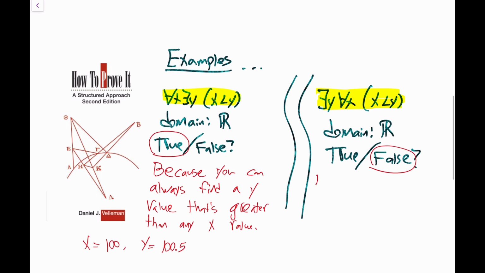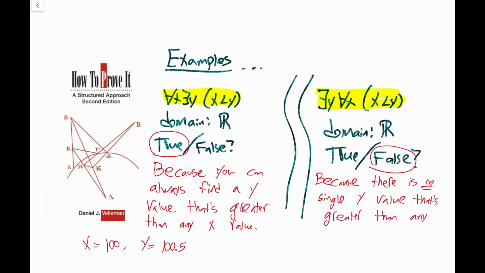Why? Because there is no single y value that's greater than any x value.